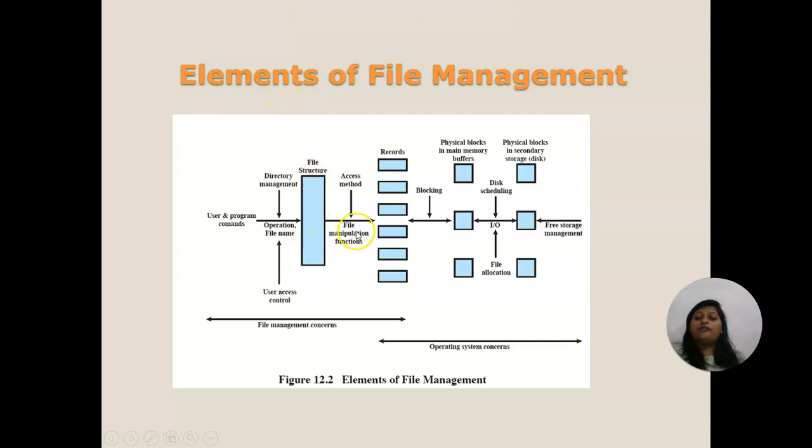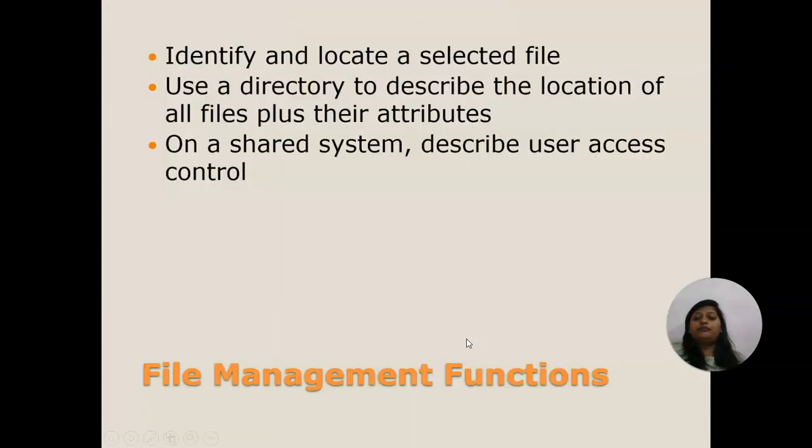After that, there will be file manipulation functions, access methods. Then that file structure is divided into the form of records. Then there will be physical blocks in main memory buffers. There will be disk scheduling and I/O file allocation. After that, physical blocks in secondary storage disk and free storage management will be there. This is concerned with operating system concern.